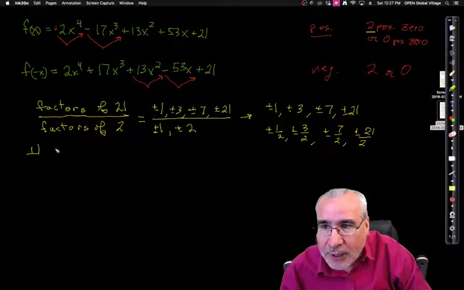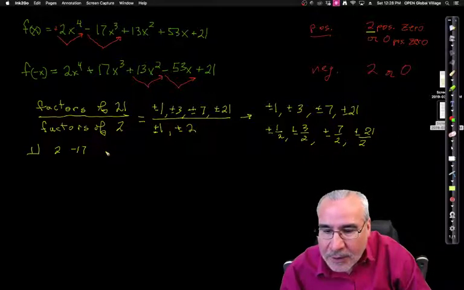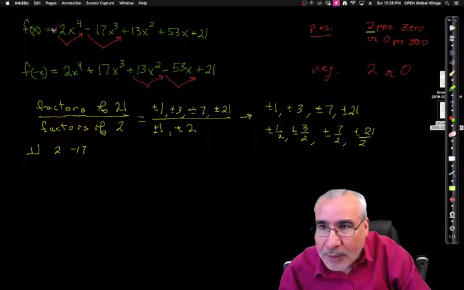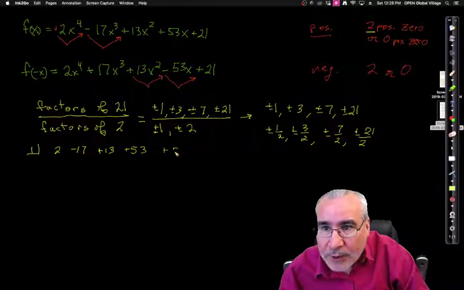And so we do synthetic division. This is the way they teach in the book. So we take the coefficients, and we use the original function. So we come back up to this original function. So positive 2, -17, positive 13, positive 53, and positive 21.